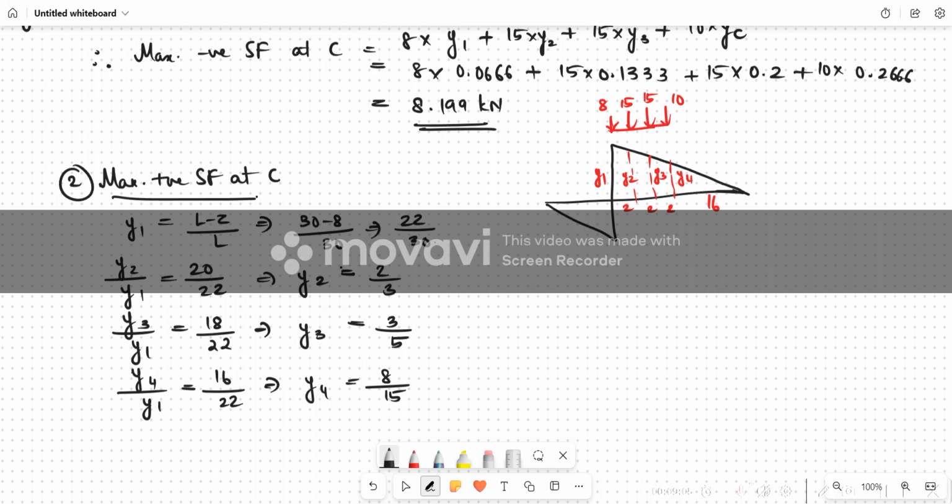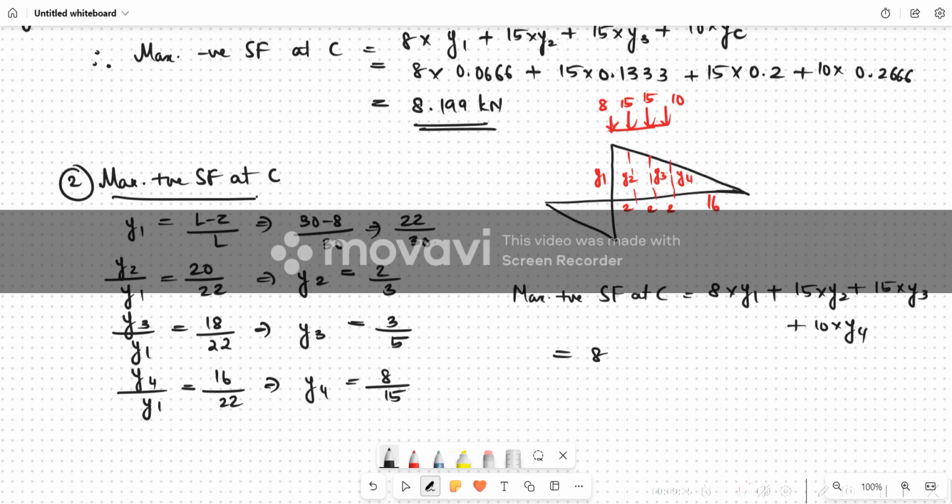Okay. With all these values, what is the maximum positive shear force? Formula is shear force at C is equal to load into ordinate value. So 8 into y1 plus 15 into y2 plus 15 into y3 plus 10 into y4.